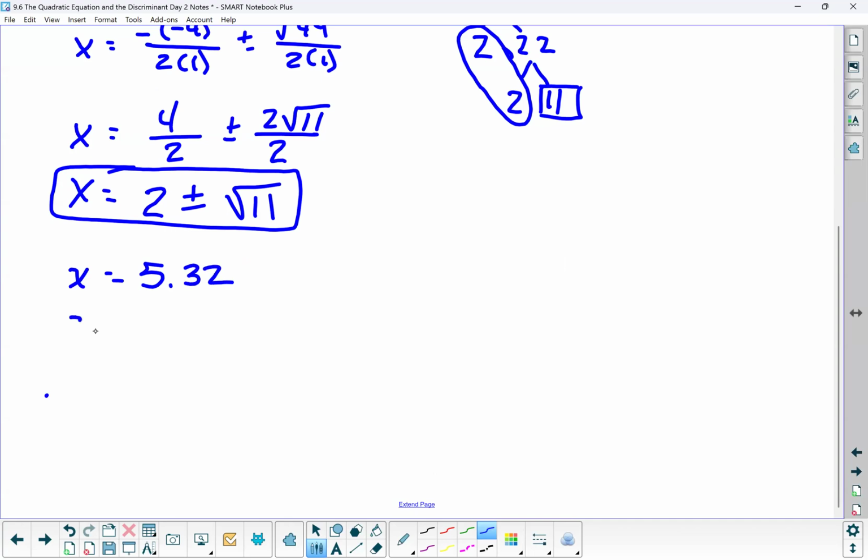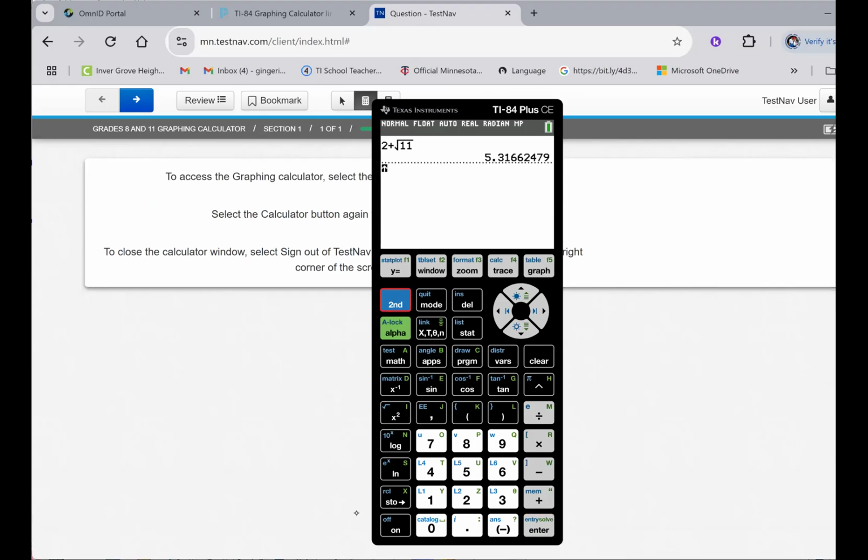And my other solution will be what I get when I do 2 minus the square root of 11. And the nice thing is with the calculator, there's an easy way to do that without typing everything in again. So I can do second, enter, except I don't want 2 plus, I want 2 minus.